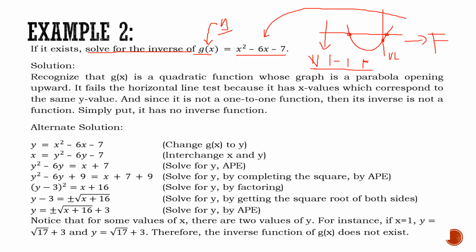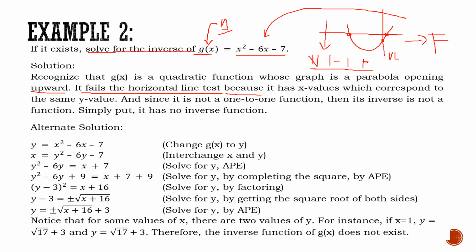But with the solution in your module, it states here that we recognize that g of x is a quadratic function whose graph is a parabola opening upward. Yes, it is opening upward. So it fails the horizontal line test because there are 2 points of intersection between your graph and the horizontal line.